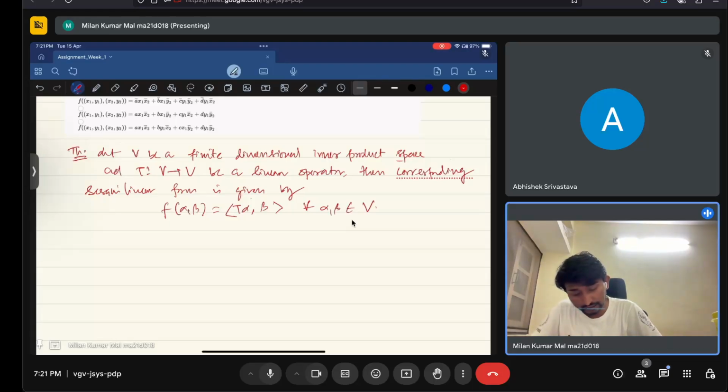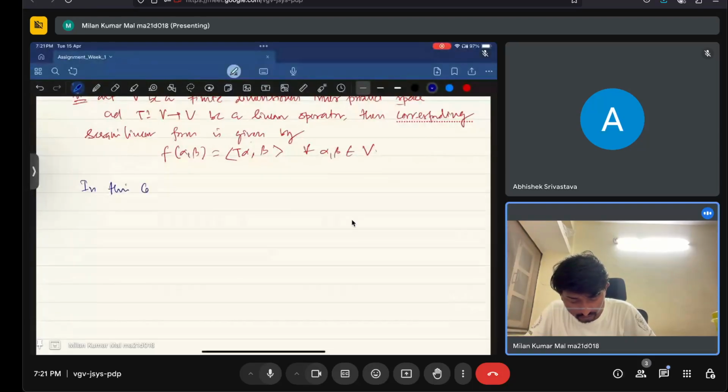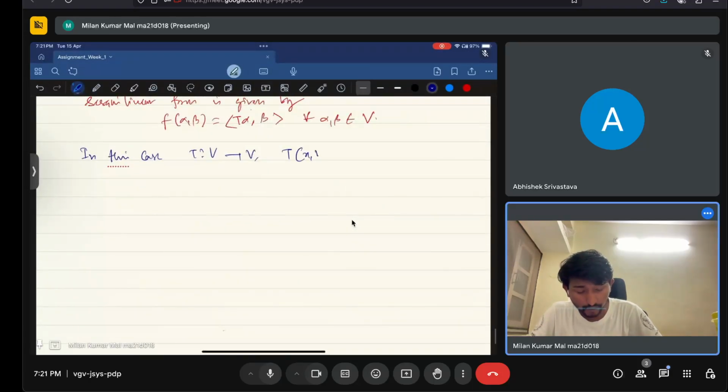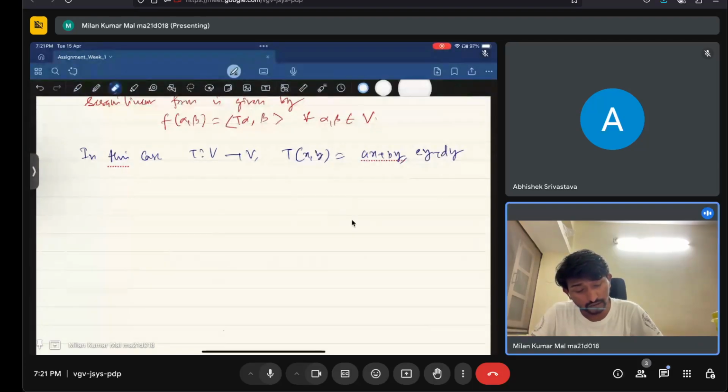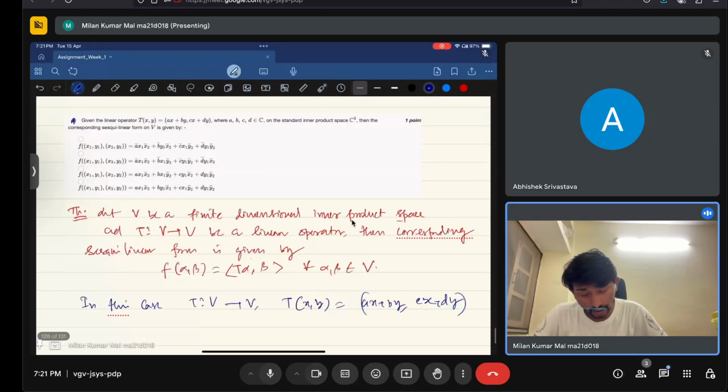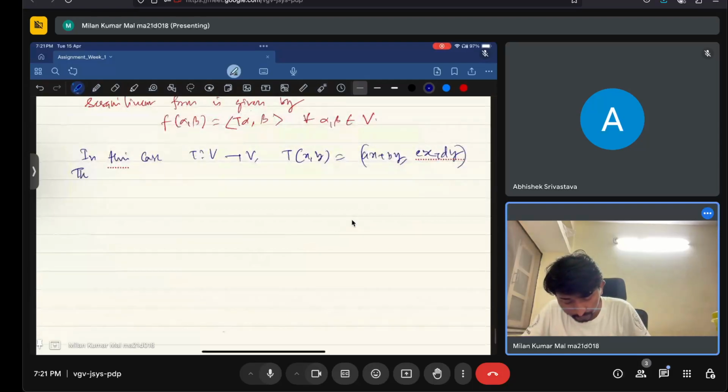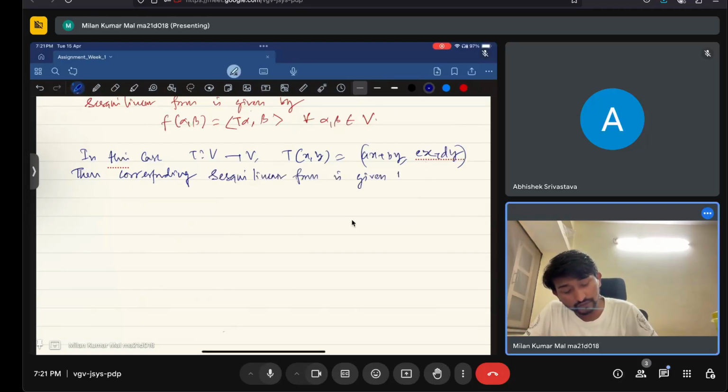So therefore here it is given that T from V to V is given by T of (x, y) equals (ax plus by, cx plus dy), right? Then the corresponding sesquilinear form is given by f of x and y.